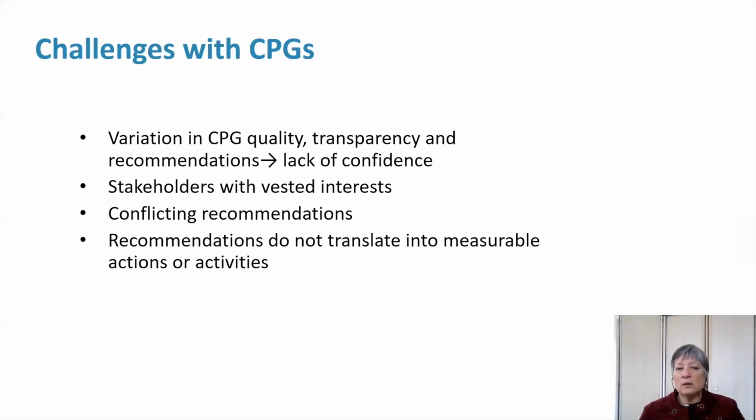There were known incidents of stakeholders with vested interests in the outcomes of those recommendations being involved in the development of guidelines, and there were really high stakes occurrences of recommendations conflicting with each other directly in CPGs on the same topic. So this was really problematic.